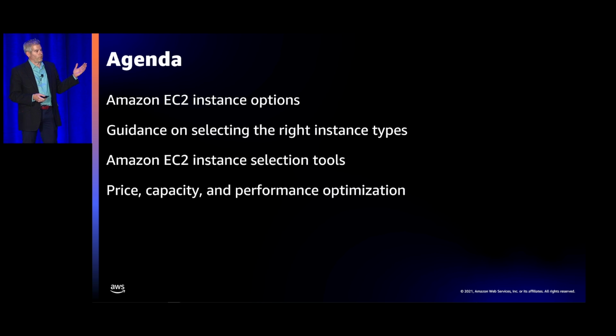I'll also walk you through how to choose the right instances for you. And I'll talk about some of our most common workloads, giving you an idea of how to select instances based upon those workloads. And I'll give you some tips that I've learned along the way myself for instance selection and the process to guide you along that path.